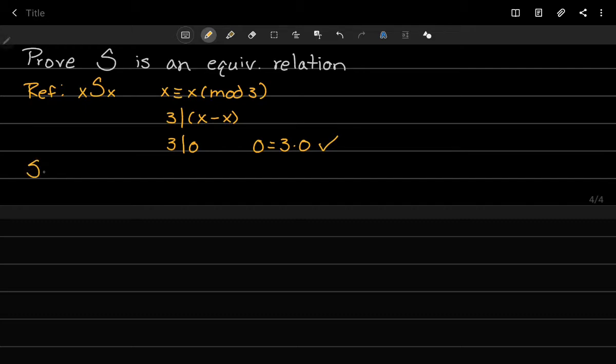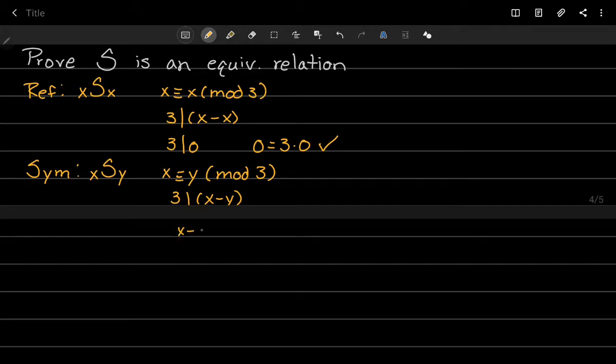All right, let's look at symmetric. So if x is related to y, that means x is congruent to y mod 3. Well, that means 3 divides x minus y. But that's the same thing as saying that x minus y equals 3 times some integer.